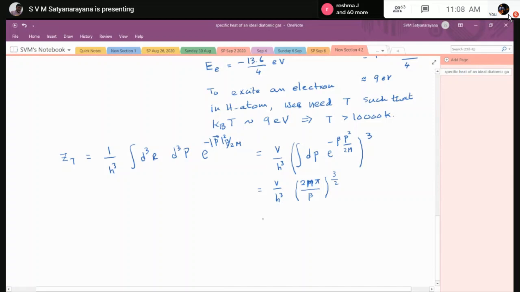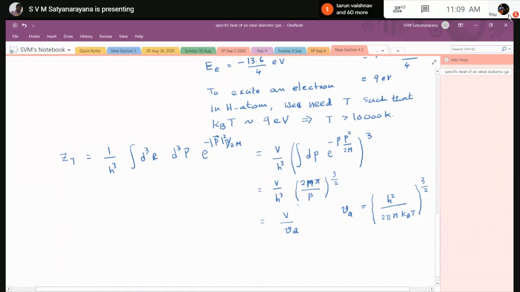So you can see that this is equal to V divided by VQ, because your VQ is h square divided by 2 pi m k_B T raised to the power 3 by 2.